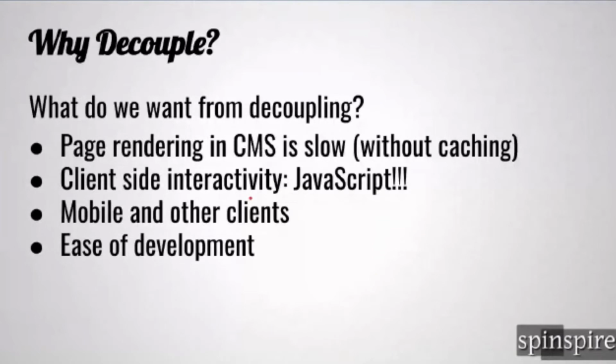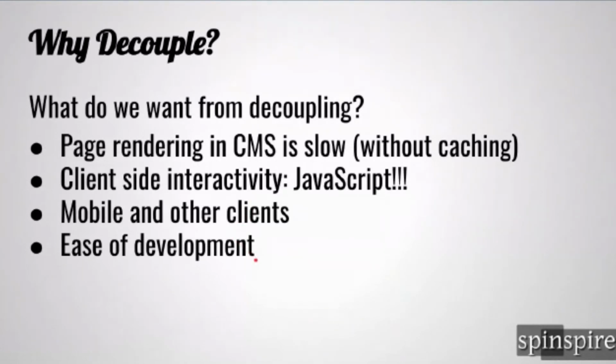Another reason for decoupling is your content is available on other clients, such as mobile apps and native hybrid apps, etc. And finally, CMSs like Drupal are built for managing and serving content, so sometimes they just get in the way of implementing other features and customization.